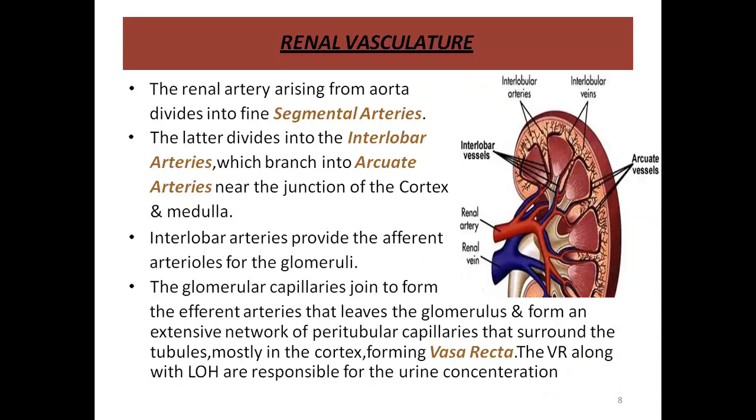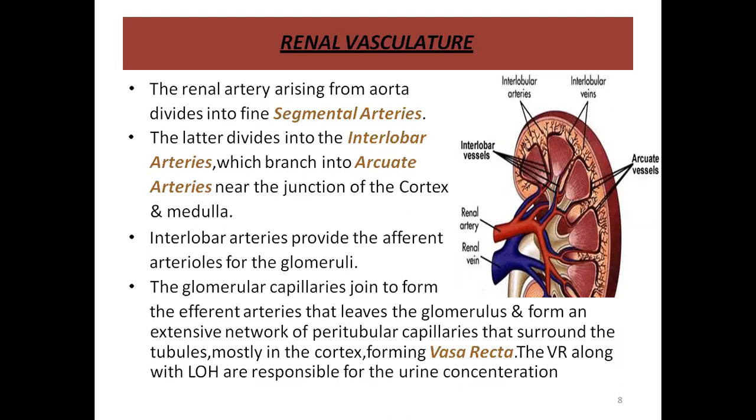Now about the vasculature or the blood supply of the kidney. The renal artery, arising directly from the abdominal aorta, divides into segmental arteries. These later divide into interlobar arteries, which branch into the arcuate arteries near the junction of the cortex and medulla. Interlobar arteries provide the afferent arteriole for the glomeruli.